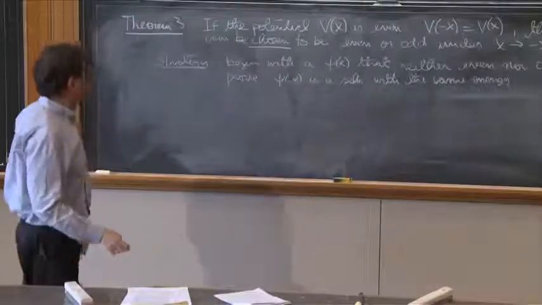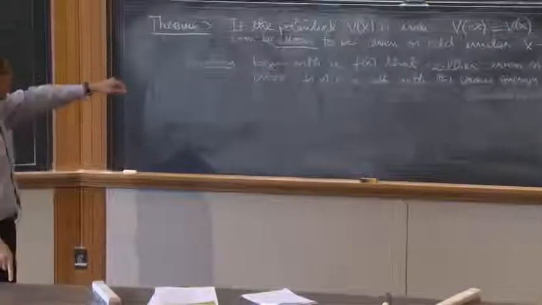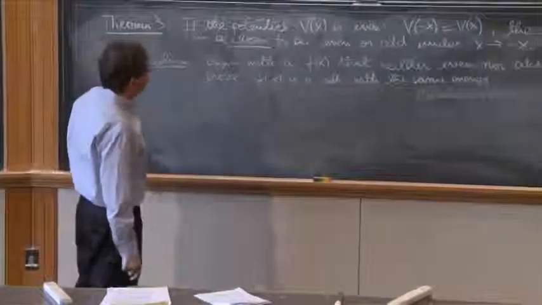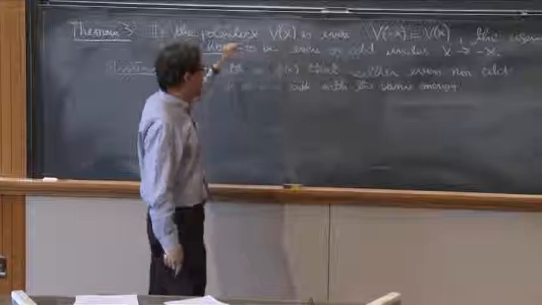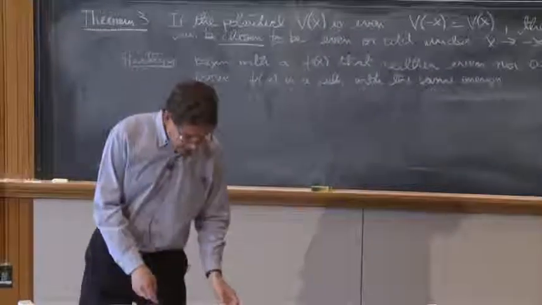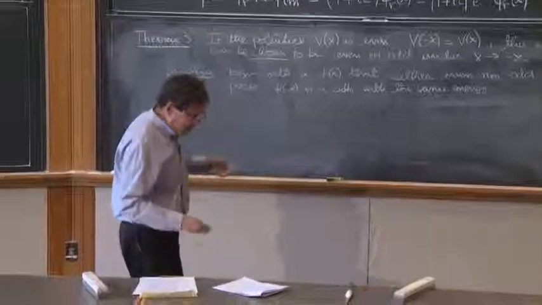And in this case, of course, we have already shown that we can choose these wave functions to be real. So we can choose all of these wave functions to be real. And what do we do next?